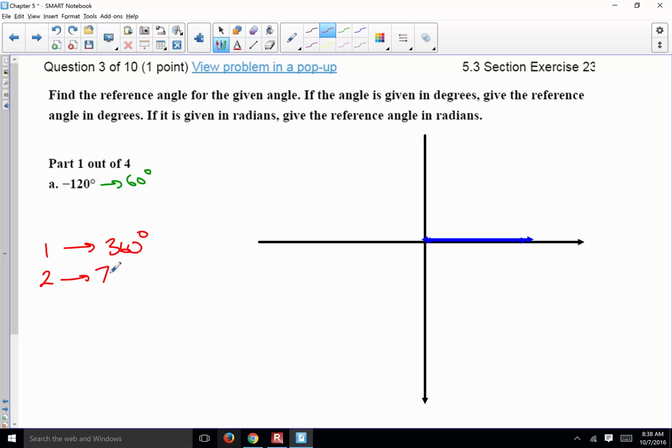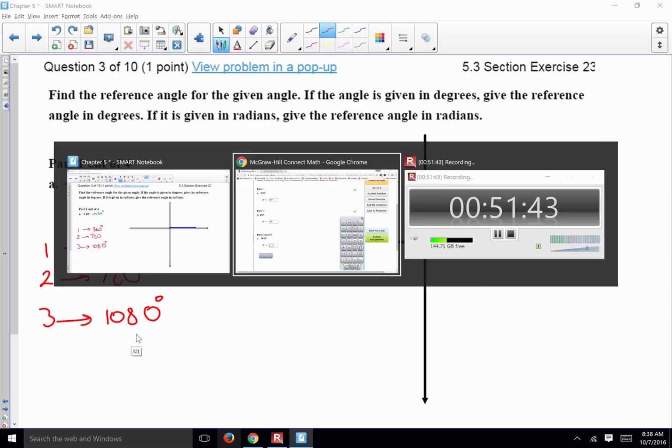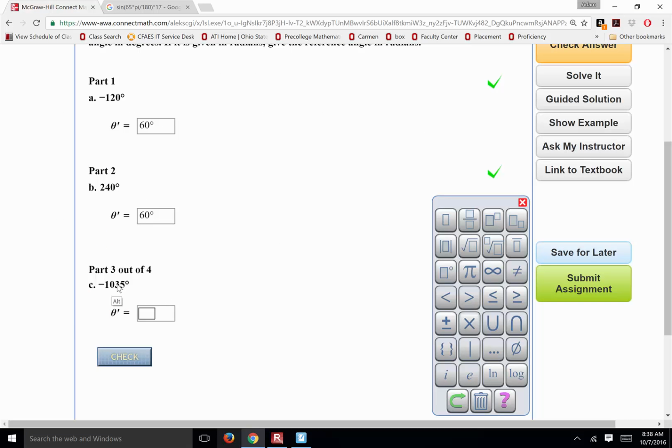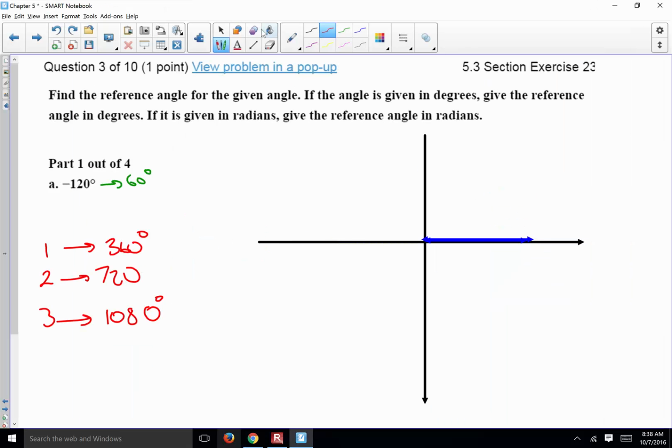Two turns is 720. Are we going to make the third one? Add one more: 1080, right? Three turns is 1080. Did we do too much? Yes, we did. If you do three turns, it's 1080, so we need to back up a little bit. Again, negative.